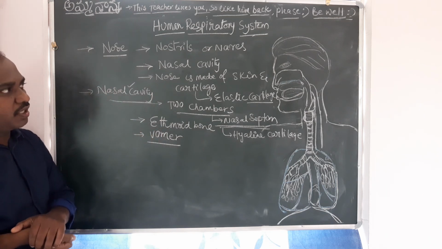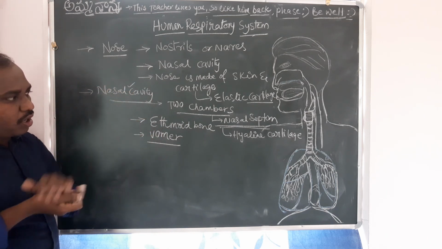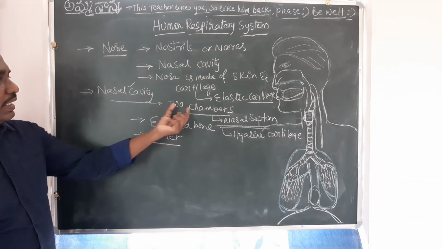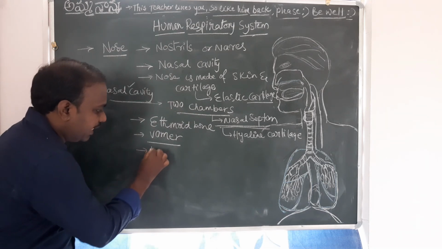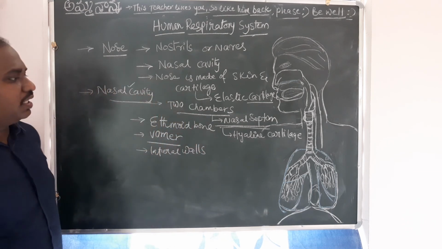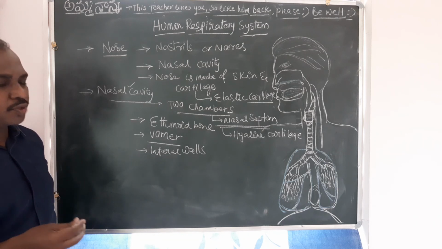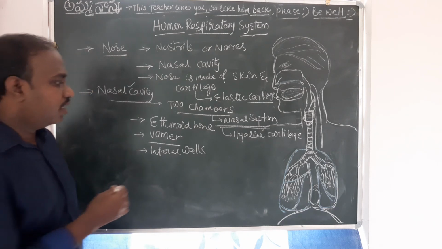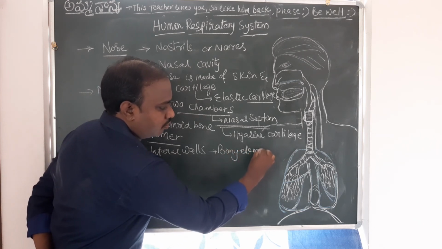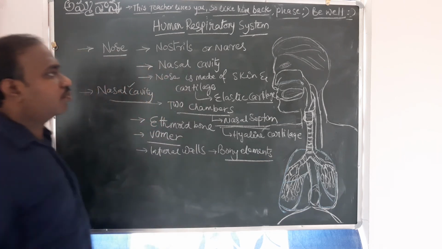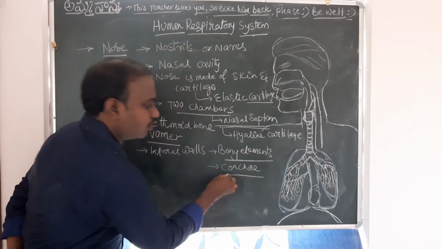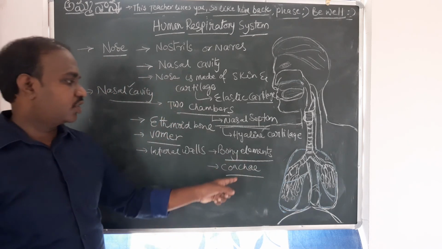And apart from this, on the lateral walls of the nasal chambers, we also have these bony structures called conchae.